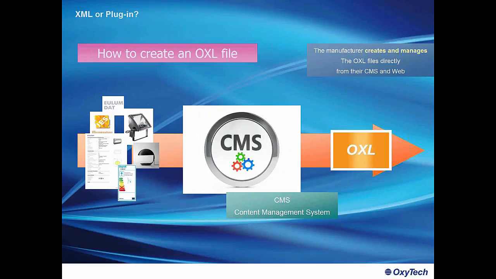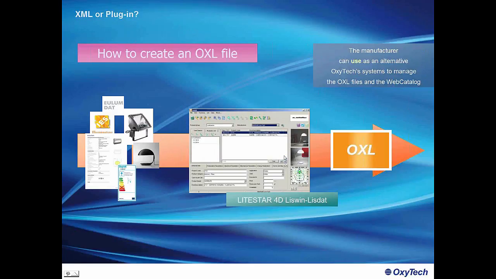From here, you create the OXL, and the OXL can be placed on the internet directly, for example on the websites of the manufacturers, even without using the web catalog. So as you can download a ULUM file, you can let people download the OXL file. But it is also possible to use our application, the LuxWin module, to create the OXL files.